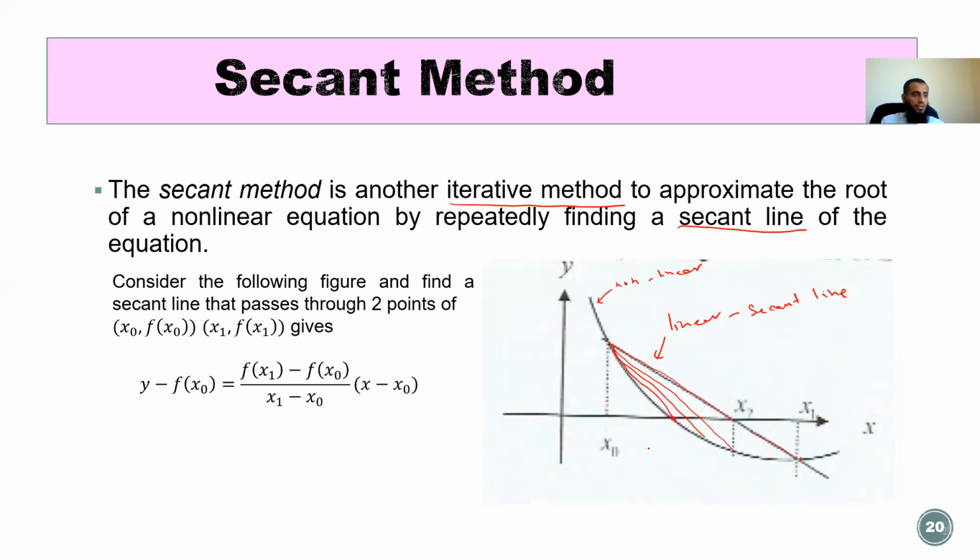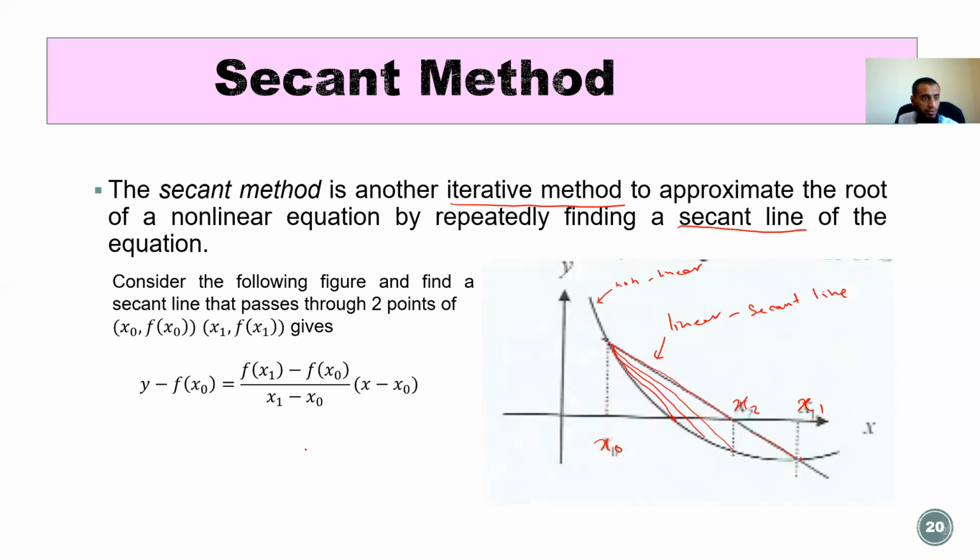So actually there are two straight lines. This is x0, this is x1, and this is x2. If you redraw again, we want to find the gradient.